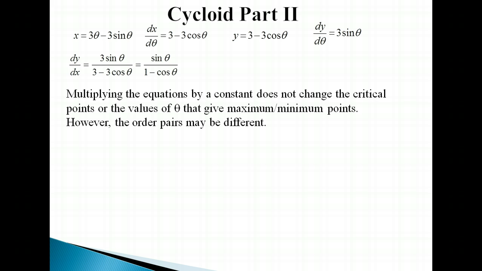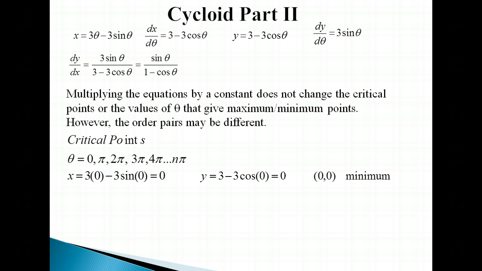But remember that your ordered pairs are going to be based on your x and y values. So you're going to take those theta values and plug them in for x and y. Now, when you do that, you're going to get different ordered pairs than what we had before on the other graph, because our circle radius was different, and our equations are going to give us different ordered pairs. So at (0, 0), we have a minimum.